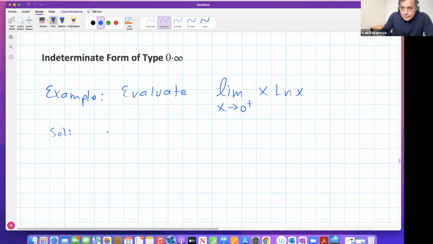Solution. Notice, if you just attempt a direct evaluation, this will be 0 times natural log of 0, right? But this is the problem, natural log of 0. This is 0, but what is this?